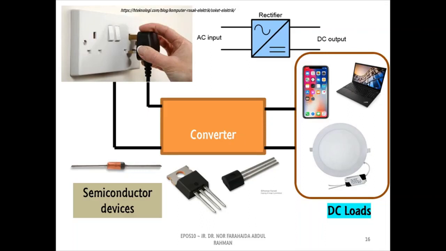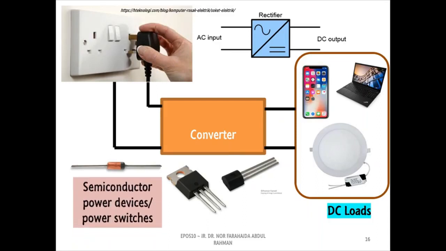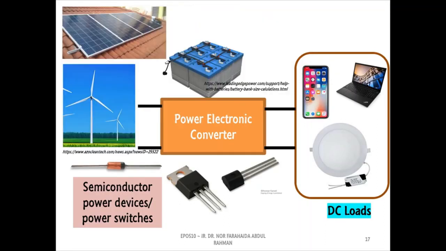Due to the high power handling, the semiconductor devices are called semiconductor power devices or power switches. Moreover, owing to the usage of the power switches, the converter is known as a power electronic converter.